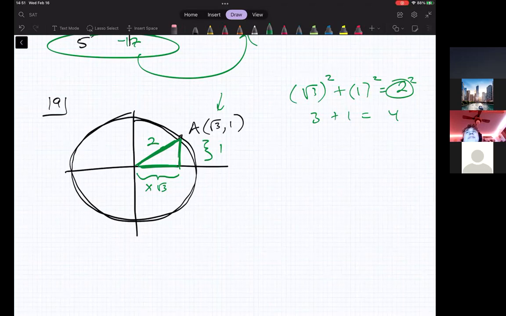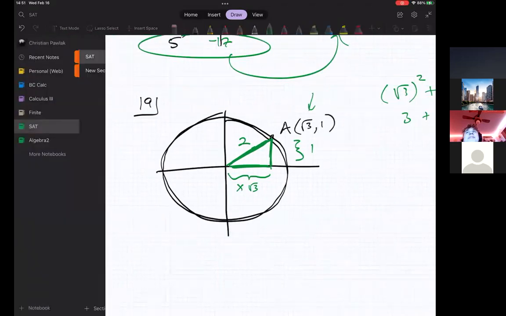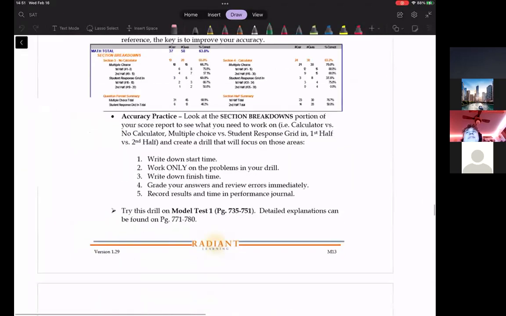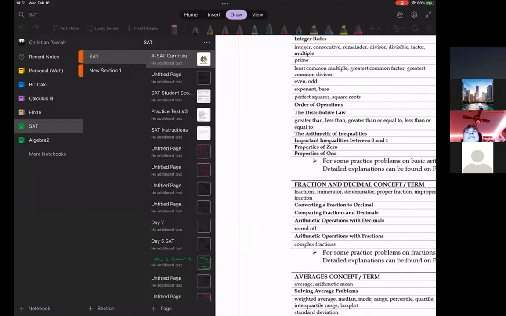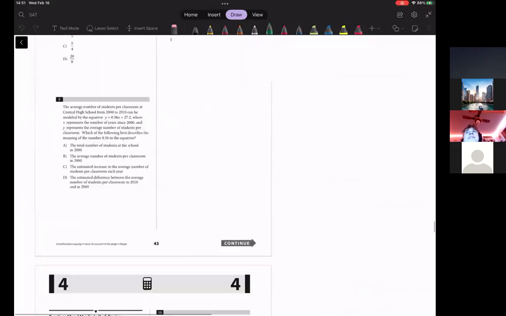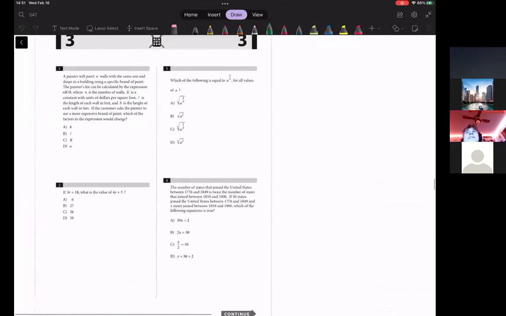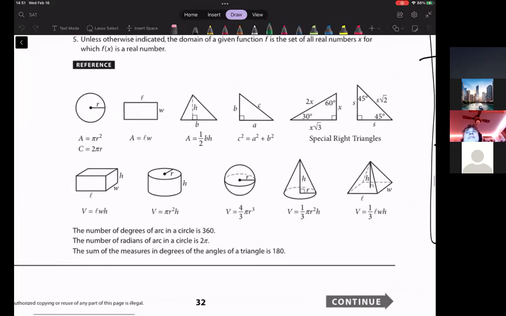In your SAT booklets, if you flip to page 32, you have these formulas, right?